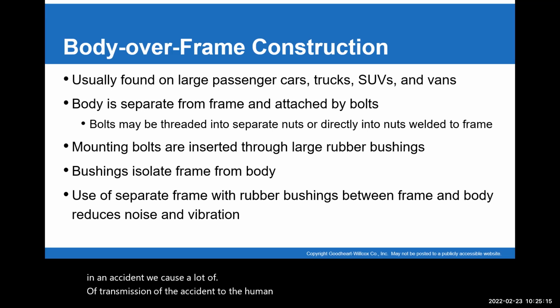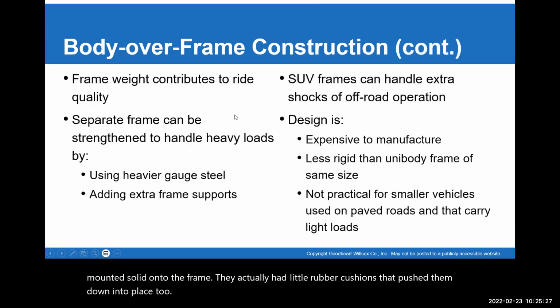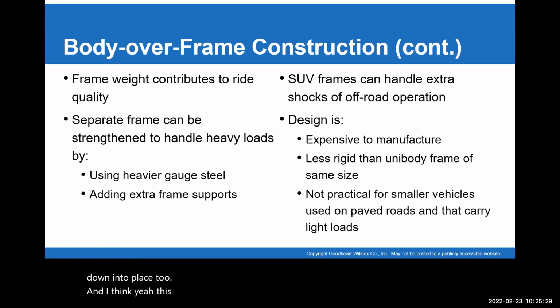Now these were actually not just mounted solid onto the frame; they actually had little rubber cushions that pushed them down into place too. And I think this is pretty much what I was talking about a little bit ago.